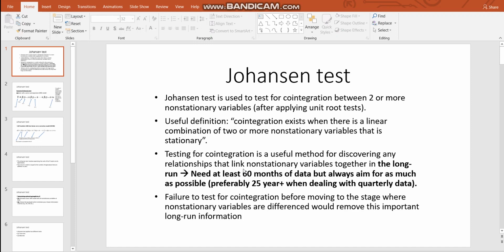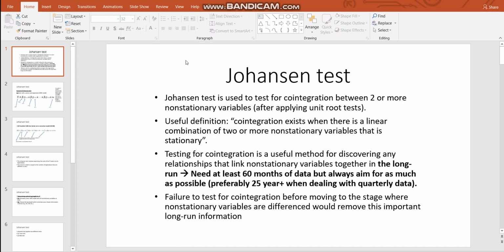understanding of the format of the test. Also want to make sure that you are aware of the two test statistics that are generated when you apply the Johansen test. I'll also talk about how to determine the optimal lag length when you're applying the Johansen test to your non-stationary variables.